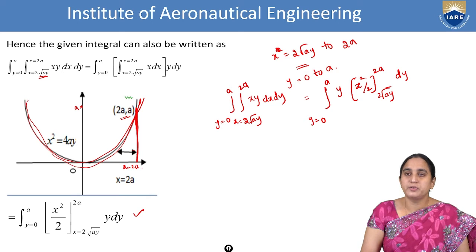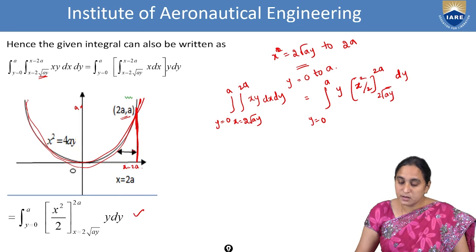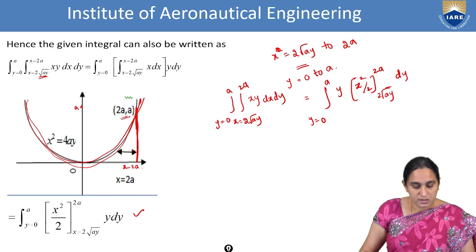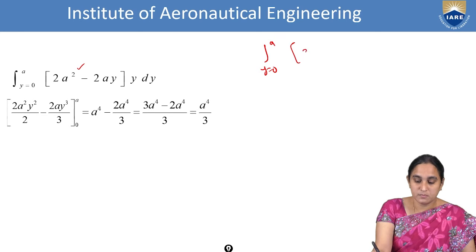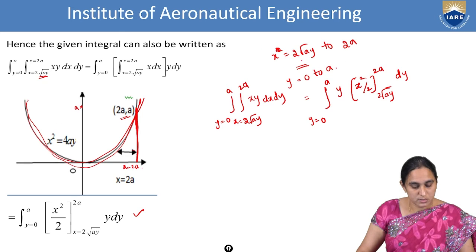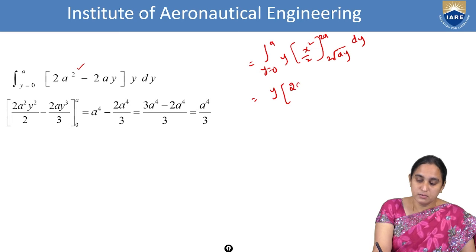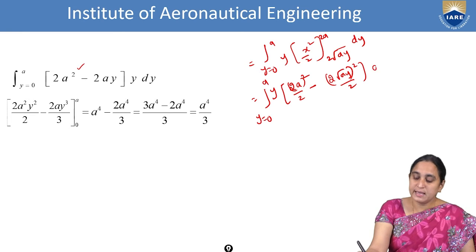Y of x square by 2, from 2 root ay to 2a. Now I'm substituting the x limit points, first the upper limit 2a, that is 2a whole square by 2, minus 2 root ay whole square by 2, integral of y is equal to 0 to a dy.